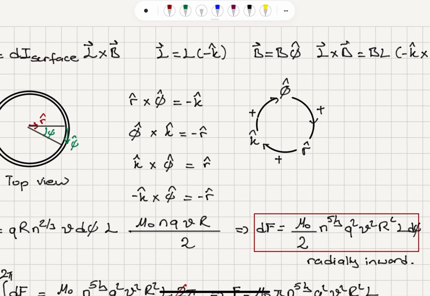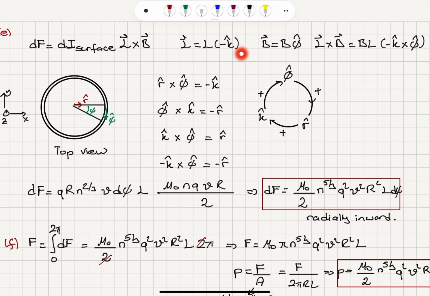L cross B I have found, noting L is in the minus k hat direction of the current, B is in the phi hat direction. Using the right hand rule, you can find minus k hat cross phi hat. If your right hand forefingers point into the page, curl them towards the phi hat direction, which is pointing down here, the thumb points radially inward. So this is in the minus r hat direction.